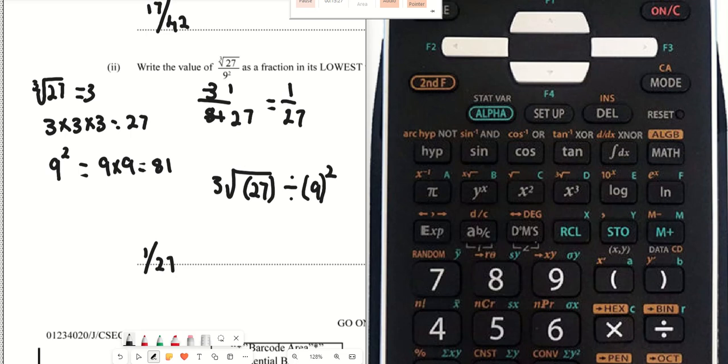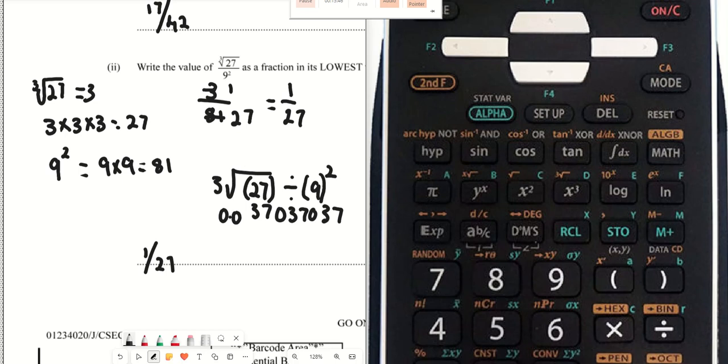So again, this is what you put in your calculator. When you put that in your calculator, they will give you a decimal, 0.037037037.